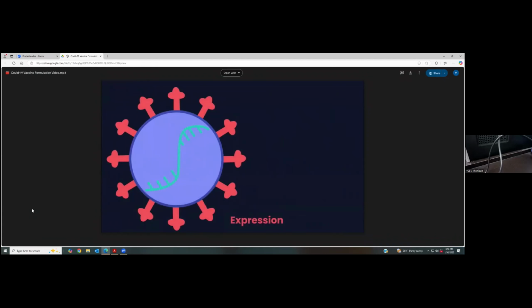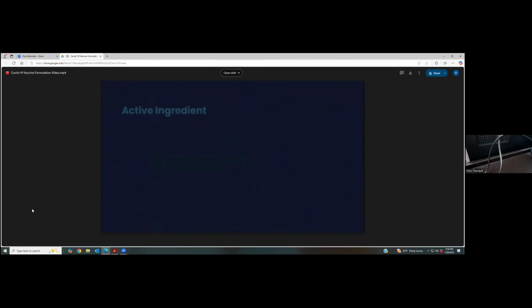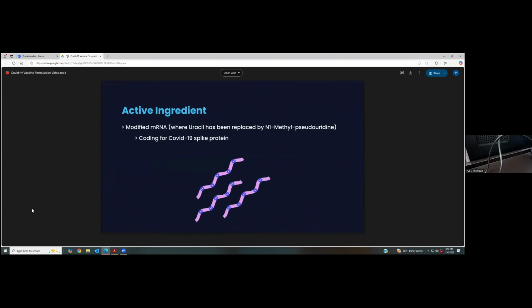The presence of the spike protein triggers the production of antibodies, T cells and B cells, which are responsible for the destruction of the virus in case of an infection. The active ingredient in the Pfizer-BioNTech vaccine is the mRNA coding for the spike protein with a slight modification consisting of a replacement of uracil by N1-methyl pseudouridine, which helps evading the immune system, which could destroy the mRNA.